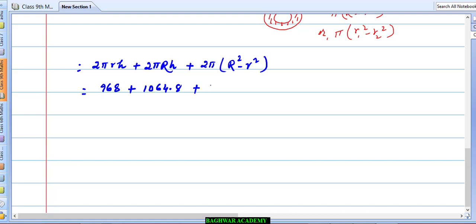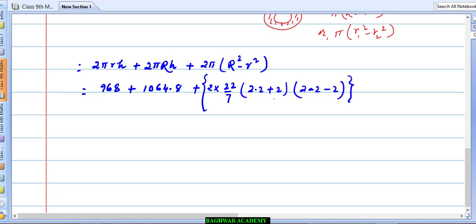So this will be 2 into 22 by 7, and R square minus r square means R plus r into R minus r: 2.2 plus 2 into 2.2 minus 2.